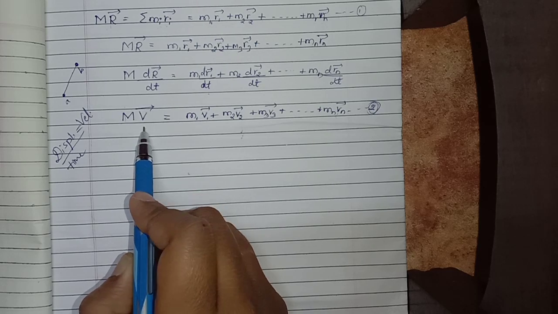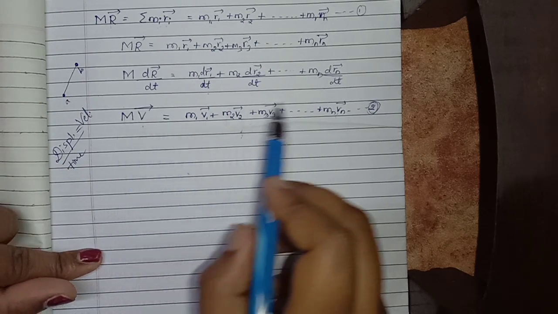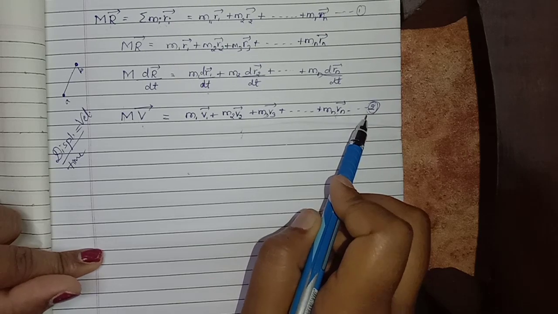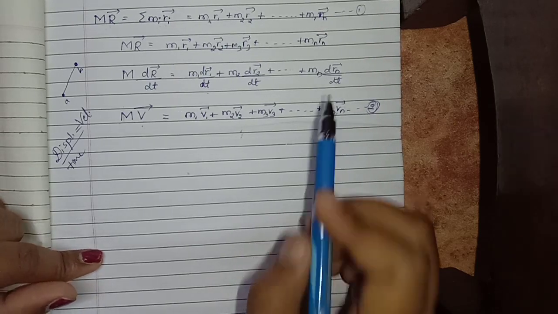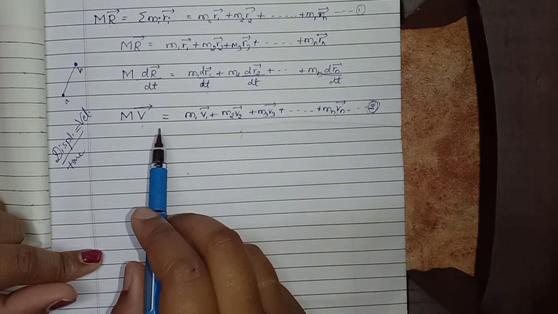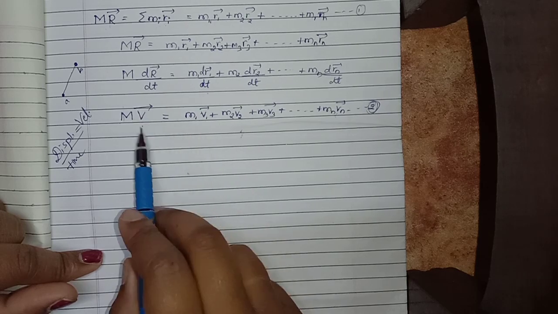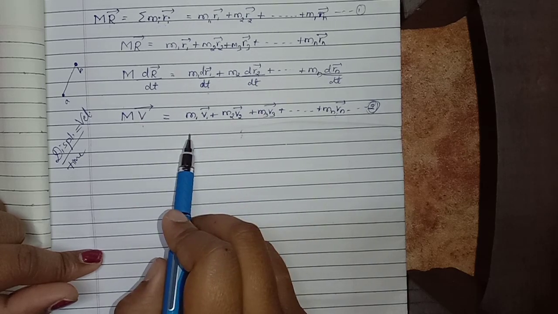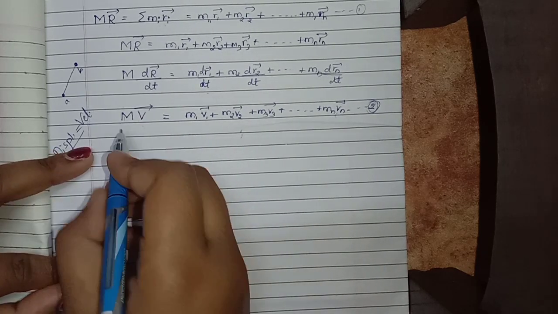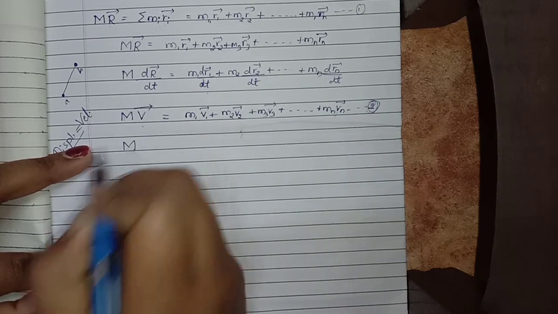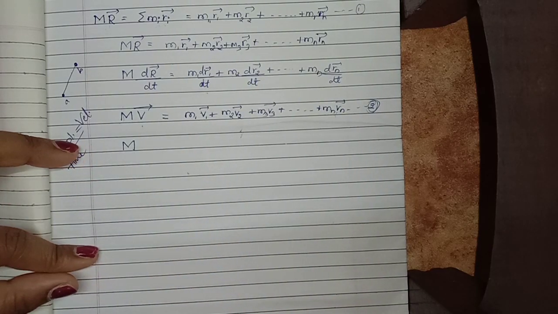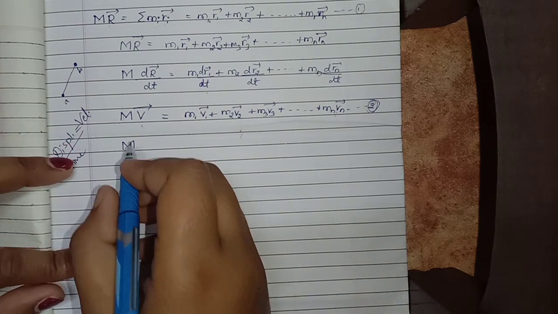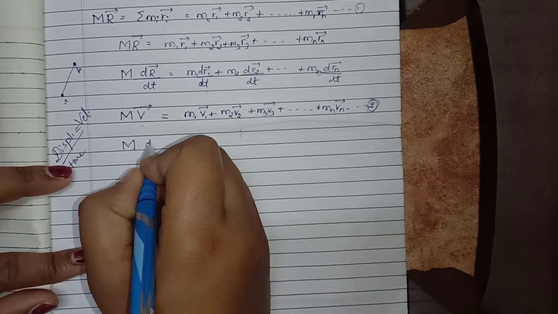Now again we are differentiating equation 2 on both sides with respect to time. Again keeping m as it is, because mass will not change with respect to time. Mass is a constant, but position and velocity are changing. So we keep mass as it is.